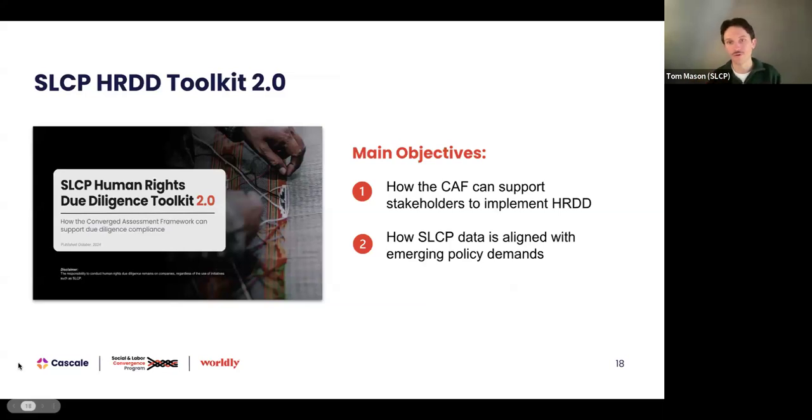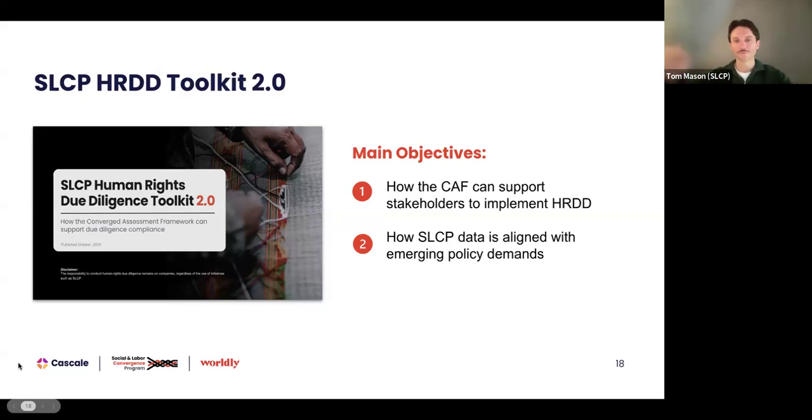You may already be familiar with the OECD guidelines or the UN guiding principles. These are things that have been around for decades, but these pieces of legislation are taking these existing frameworks on an international level and making them mandatory legislation. So they need to translate this voluntary to mandatory through this.